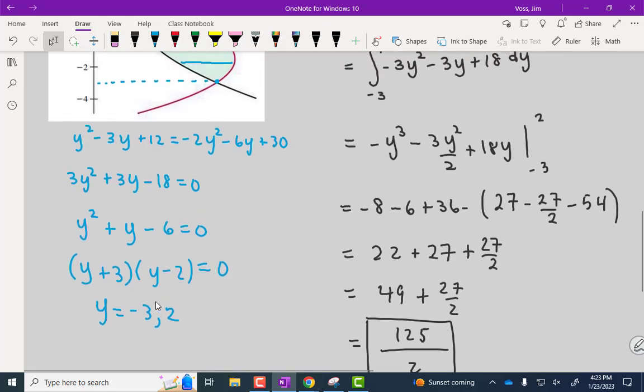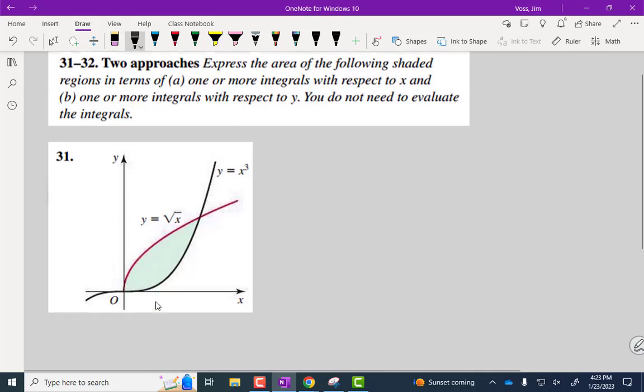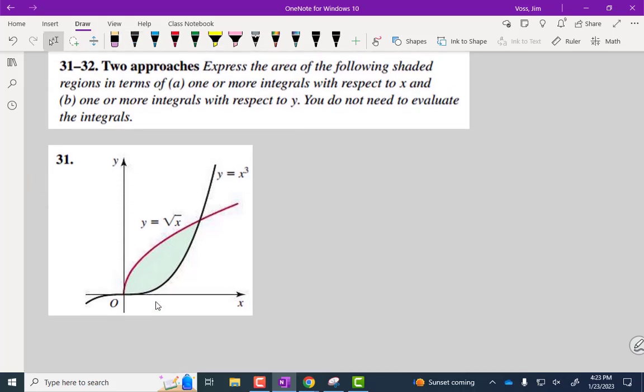All right, questions on any step? All right. Here is a region that could be integrated either direction. You could use a horizontal or a vertical. Now, when we look at it, both functions are presented as y values.